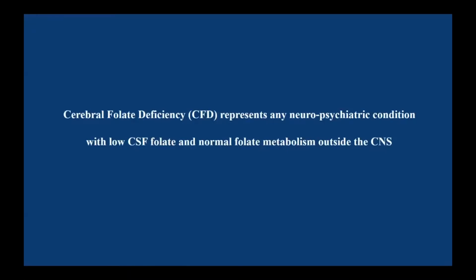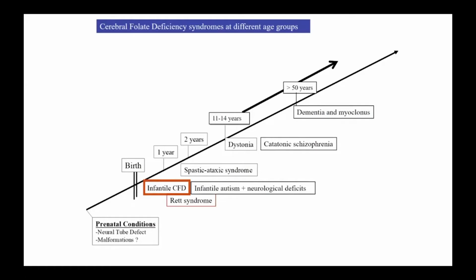So we then defined the cerebral folate deficiency syndrome as any neuropsychiatric condition where you find low CSF folate but normal folate metabolism outside the nervous system. We describe several cerebral folate deficiency syndromes starting from different age groups. Here you see the infantile onset CFD syndrome.